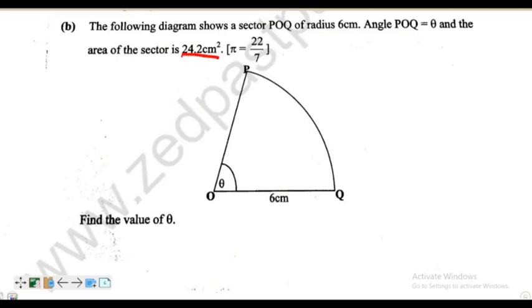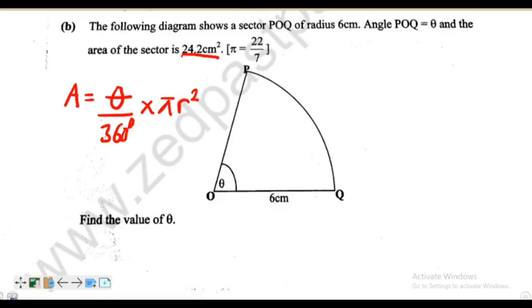So come up with the formula for the area of a sector. To find the area of the sector, the formula is area is equal to theta divided by 360 degrees times pi r squared. This is the formula.